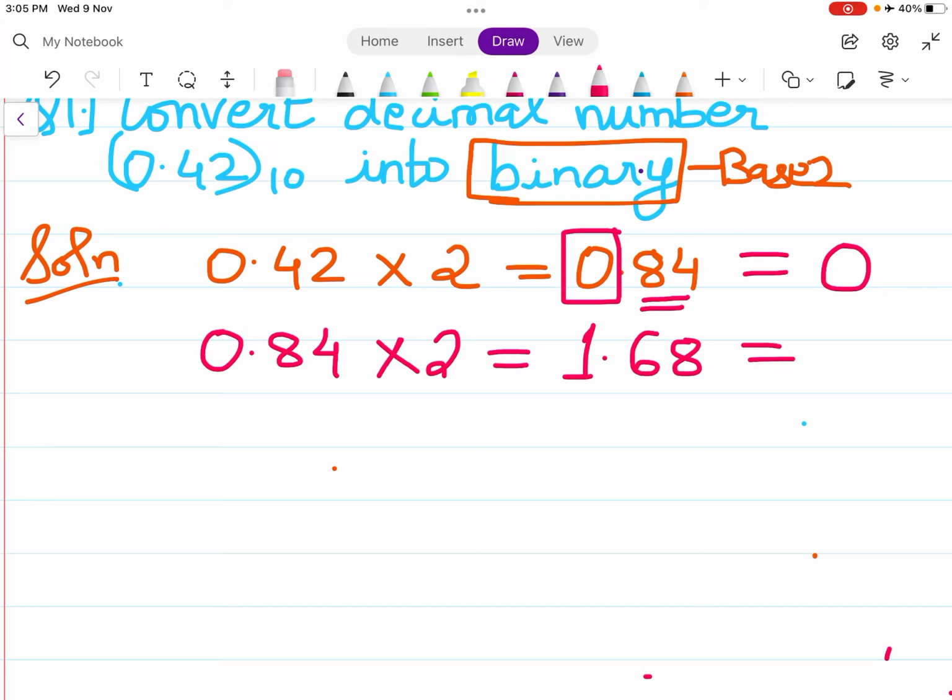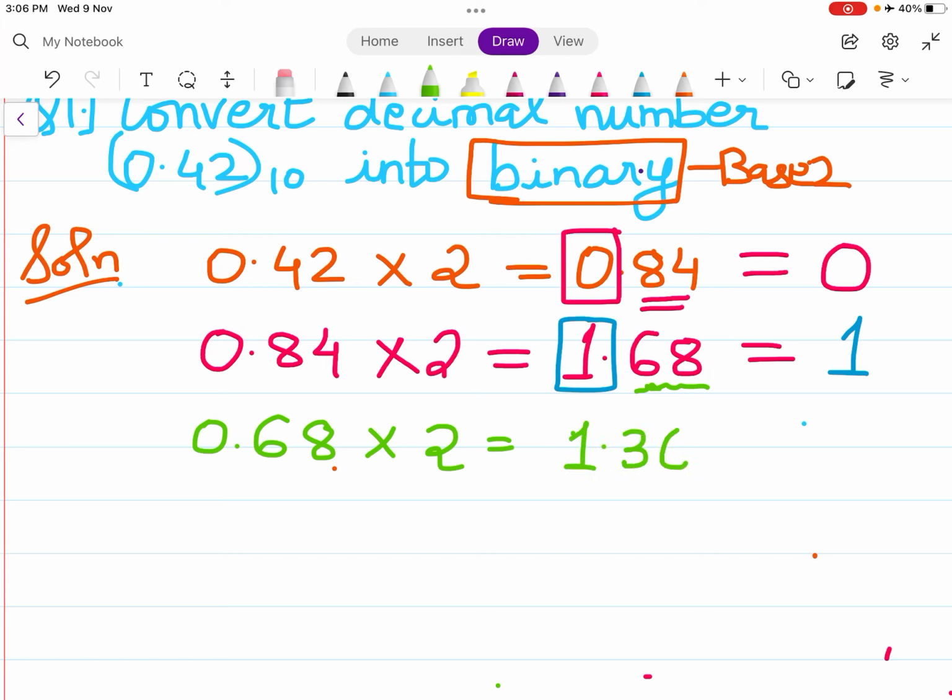Again we write the carry, which is 1. Again we only multiply the fractional part, 0.68. So 0.68 into 2 is 1.36.